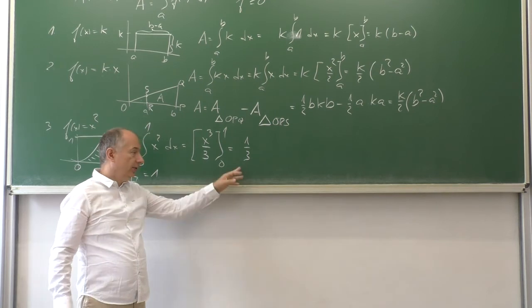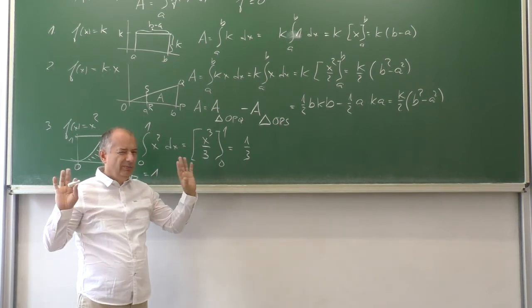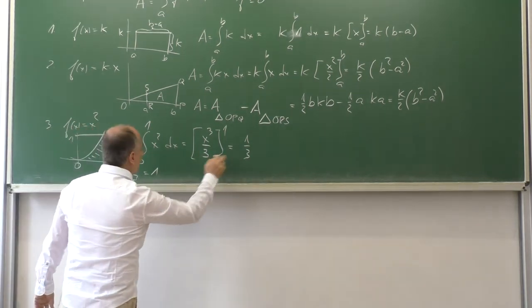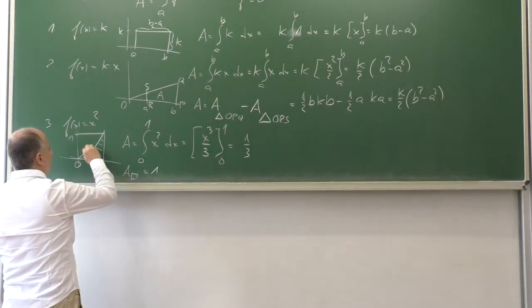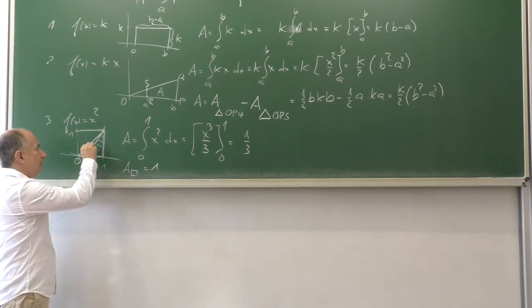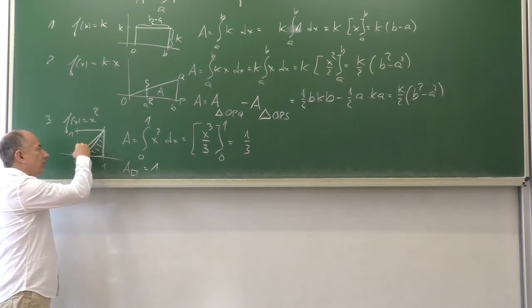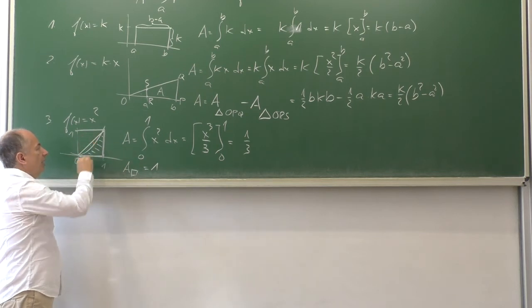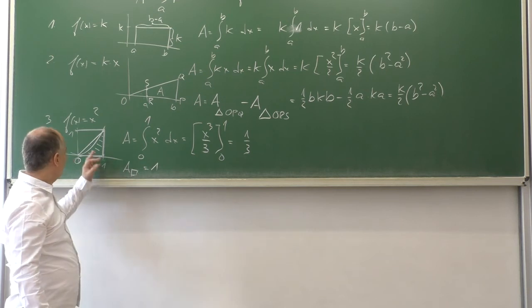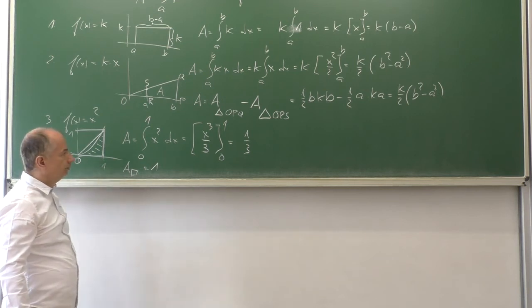That's okay. If it were greater than 1, well, I don't know. And this is even less than 1/2, because 1/2 would be the area of this triangle. But this is a convex function, so it's rounded this way, and by this amount, this is less than 1/2.